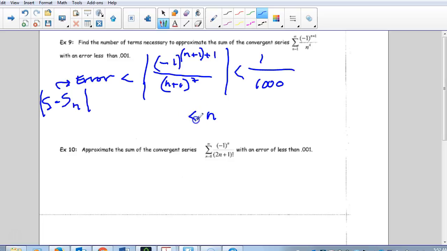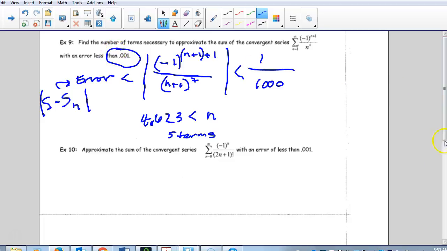It said n is greater than 4.6. You know my dyslexia, so if I wrote it backwards, you guys can do that. So n has to be greater than that. Well, n can't be greater than a decimal unless I round it up. So you have to have at least 5 terms added together to be within 0.01 of the real sum.